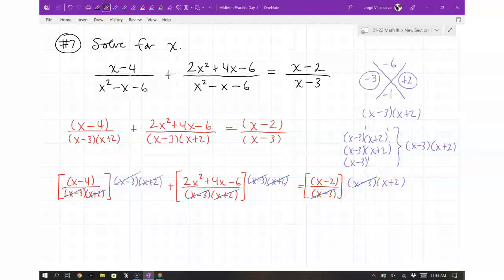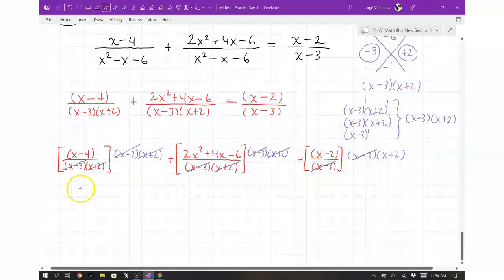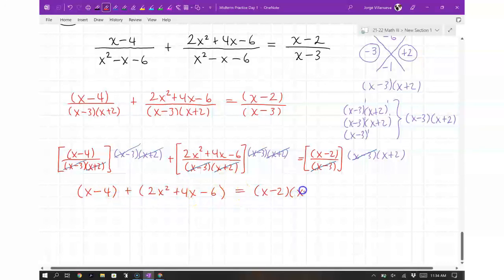Let me rewrite what this looks like. X minus 4 plus 2x squared plus 4x minus 6 equals x minus 2 times x plus 2. Now, just like I did with the other class, I'm going to take a couple steps a little quicker right now. So, just so you guys know, I'm going to combine the left side terms together.